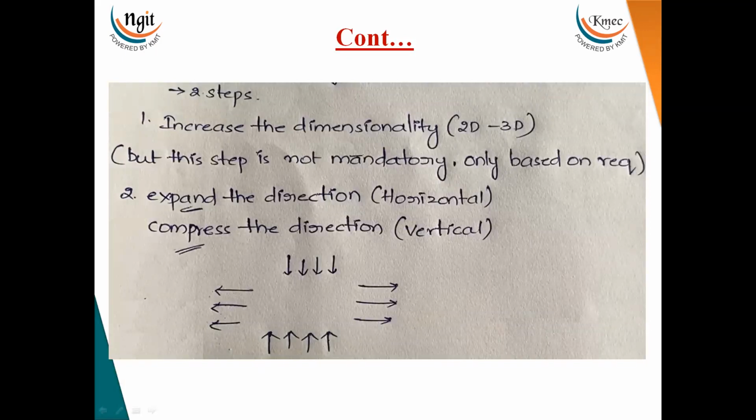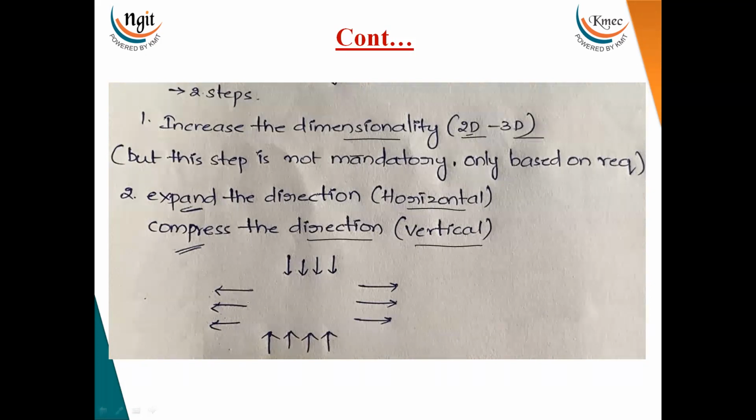Suppose my data is 2D data, I can make it into 3D, and I can try to separate my data into two different classes. Okay, this is one way of converting your non-separable data into separable data. The other way is I can expand the direction horizontally and compress the direction vertically.